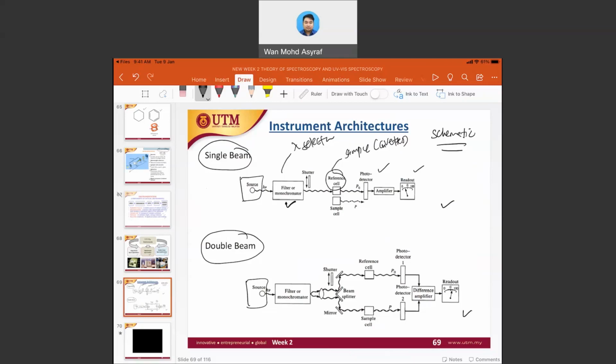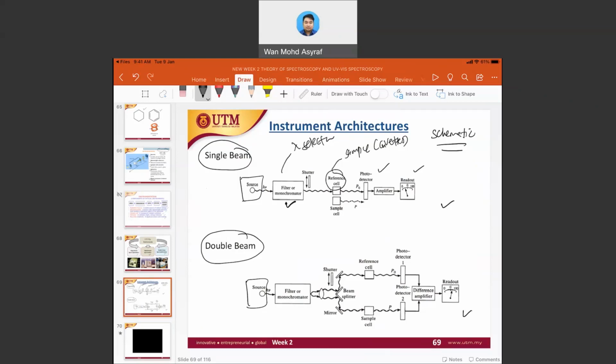Okay, so basically we need the reference cell as well as the sample cell to provide the correct sample spectrum for your analyte. So in this case, for a single beam, you need to measure it at a different time. You need to measure the reference first, and then you put your sample in, and then automatically it will deduct the reference cell, and then you get your corrected readout afterwards.